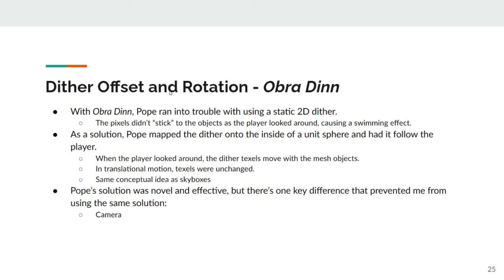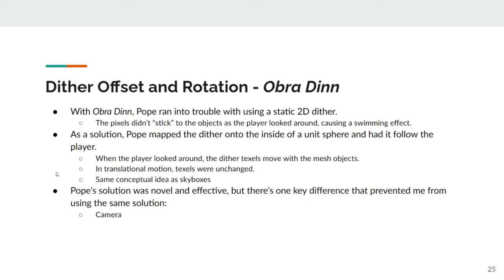So as the player looks around, you'll see different parts of the unit sphere, but as you move forward and backward, left to right, the sphere will move with you. So the texels, short for texture pixels, will stay unchanged, and you'll see the same space over and over again. Same concept as skyboxes, and it worked really well for Return of the Obra Dinn.